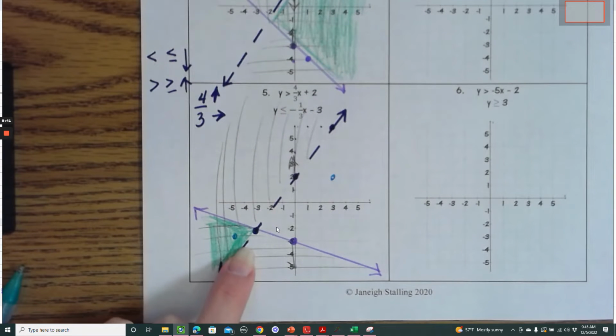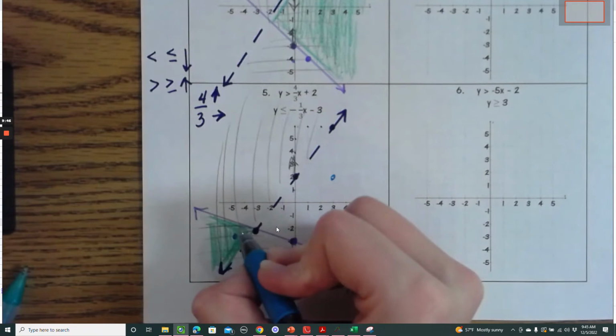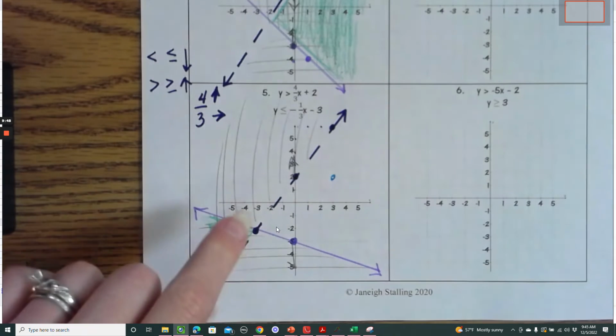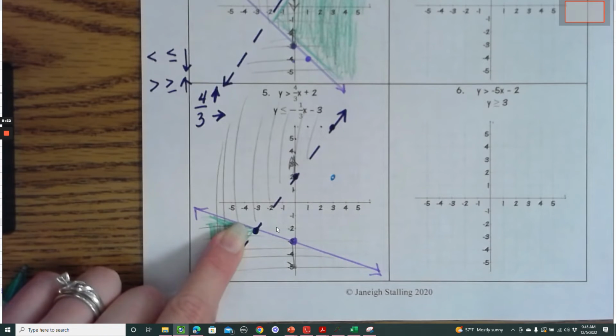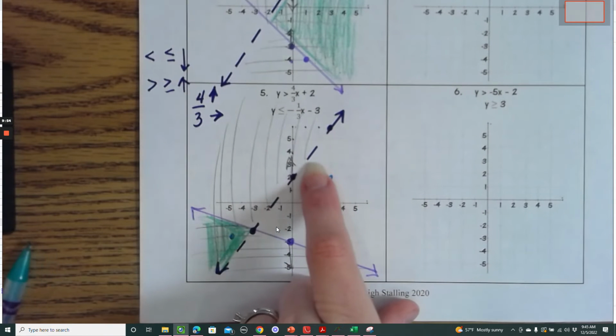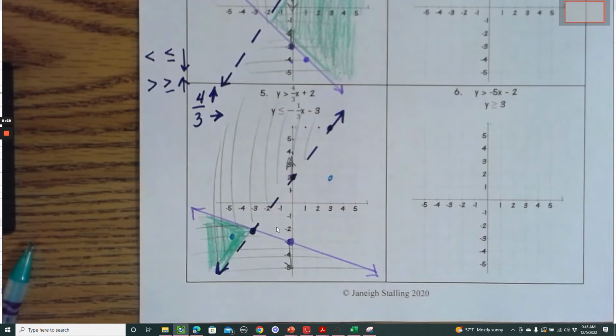Yeah, it's in the shaded spots. Sometimes they say a point that's on the solid line. If the point falls on the solid line, it's a solution. If a point falls on a dashed line, it's not a solution. So in the shading or on a solid line is the only way it's a solution.